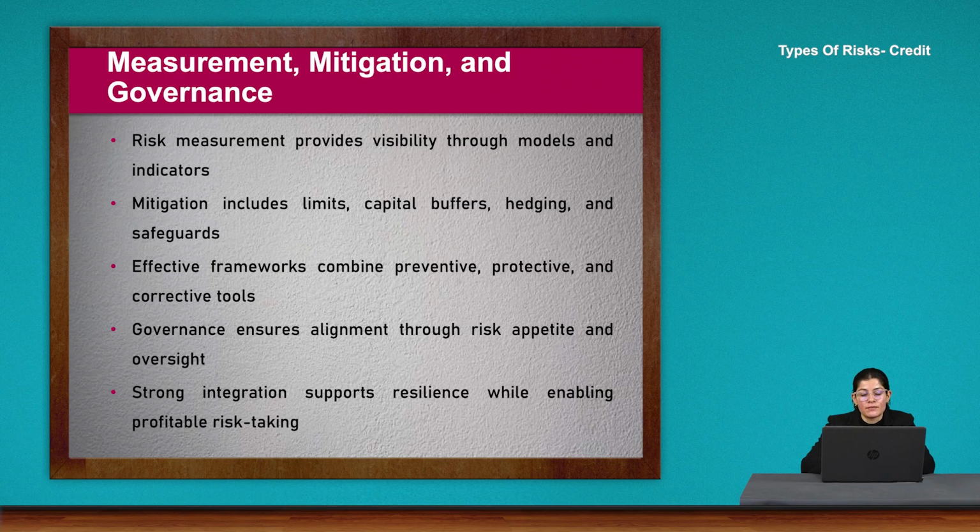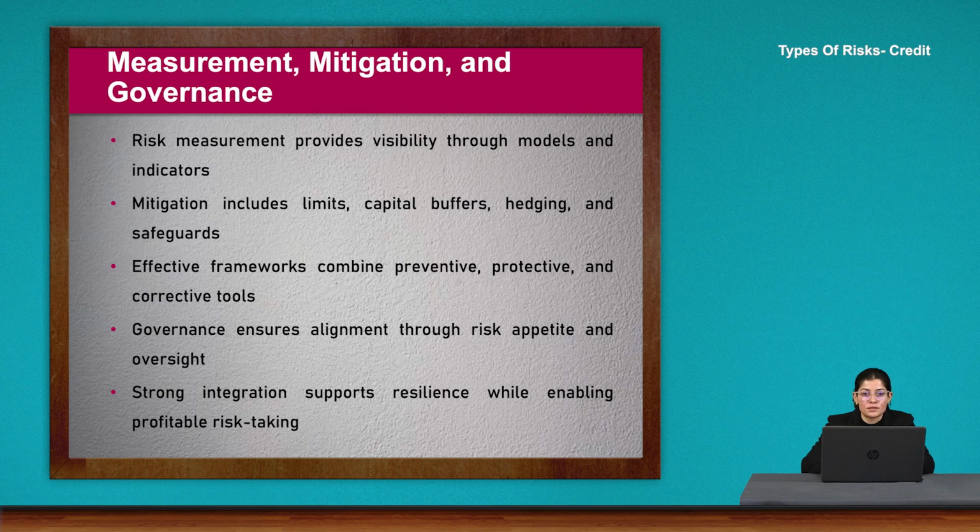Apart from that, we have hedging strategies, collateral requirements, as well as operational safeguards. So no single technique is sufficient in isolation. Consequently, banks develop an integrated risk management framework that combines preventive measures: sound underwriting, system resilience, portfolio diversification. Protective measures, that is related to capital reserves, insurance, hedging instruments, and detective or corrective measures, that is related to monitoring systems.